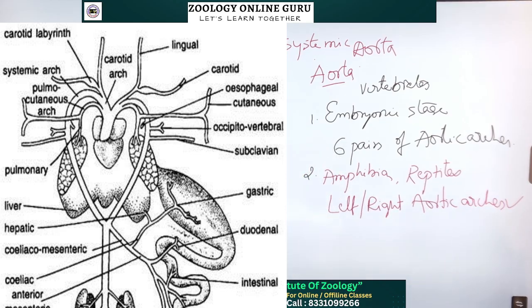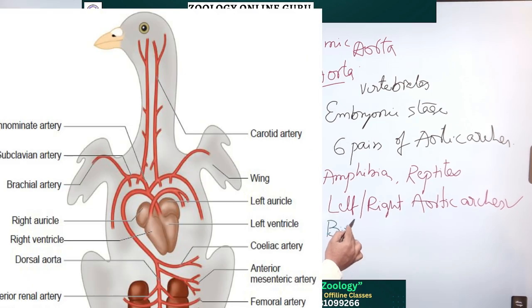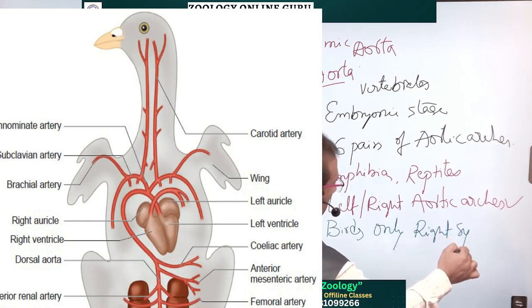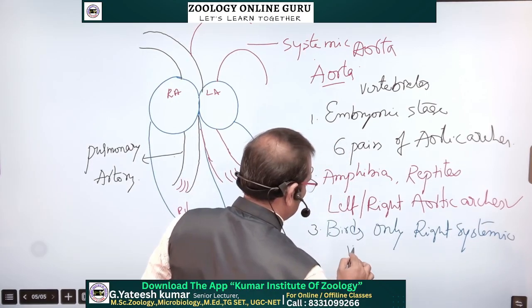Coming to the third one, in the birds, only the right systemic arch is present.